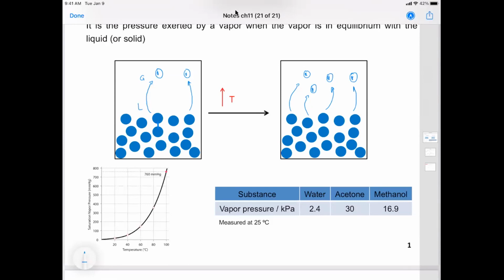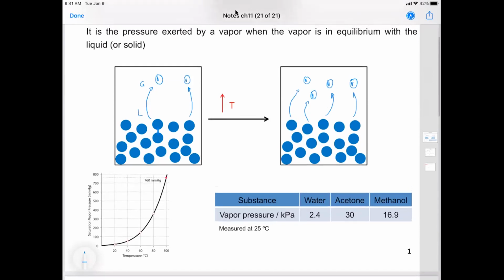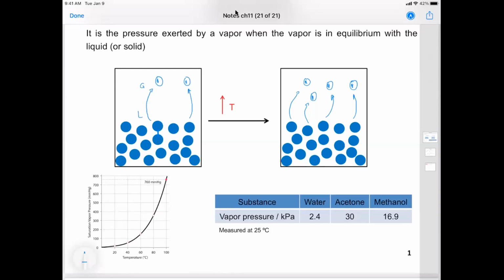Can the pressure of the atmosphere affect vapor pressure? Professor, I think someone asked a question.